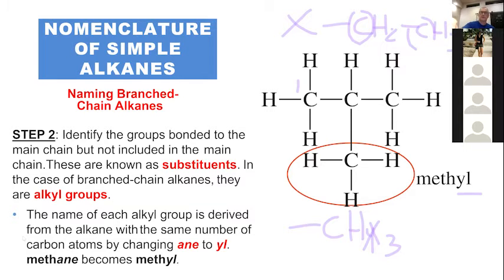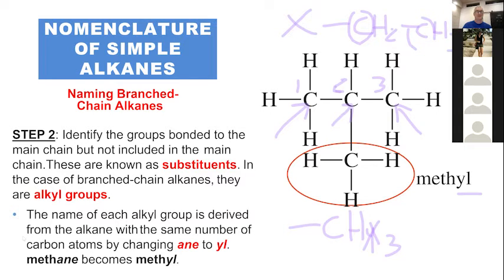So 1, 2, 3. We see it's connected to the second one, but really that's the only place it could be on a 3 carbon chain. Because if we put a methyl group there, we've just basically made the chain one longer. If we put a methyl group there, we've made the chain one longer. The only place we can put a branch in a chain of 3 carbons is in the middle.